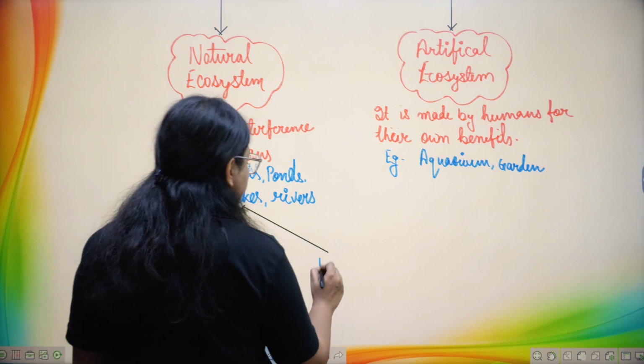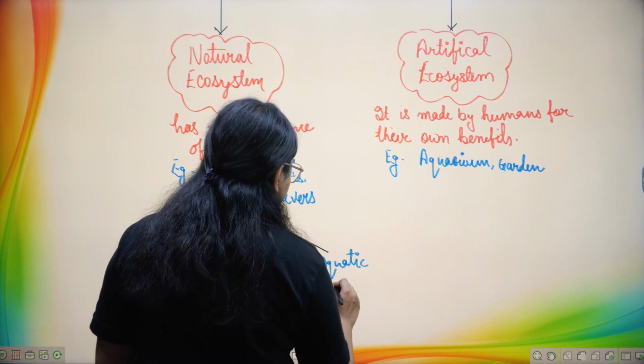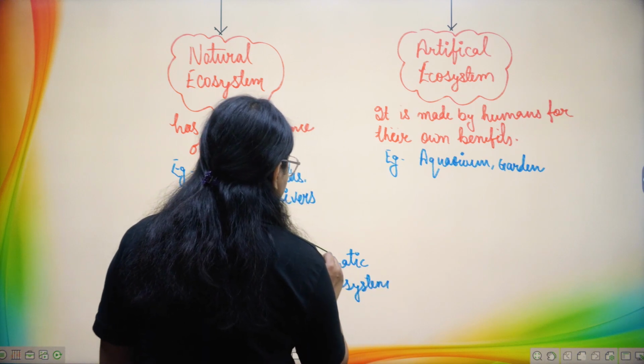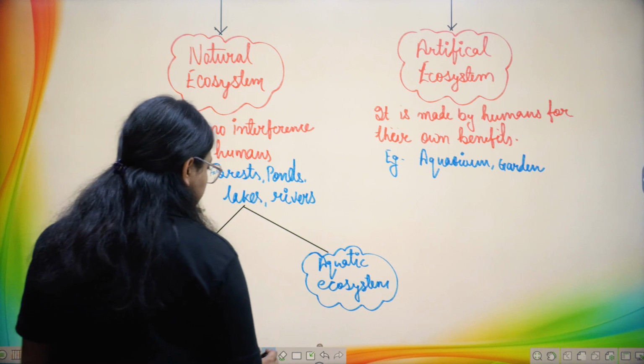And then second is aquatic ecosystem. Terrestrial ecosystem, and then comes the aquatic ecosystem.